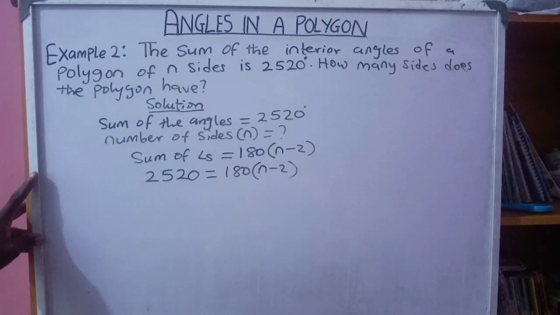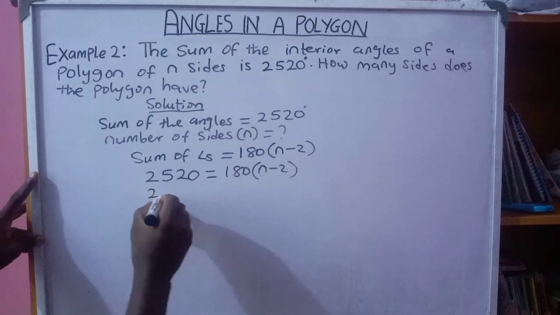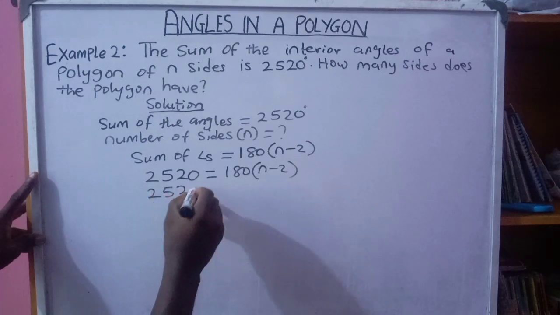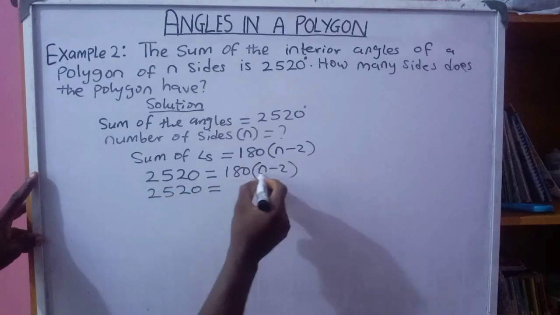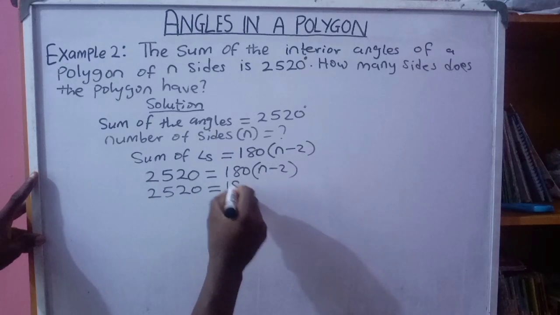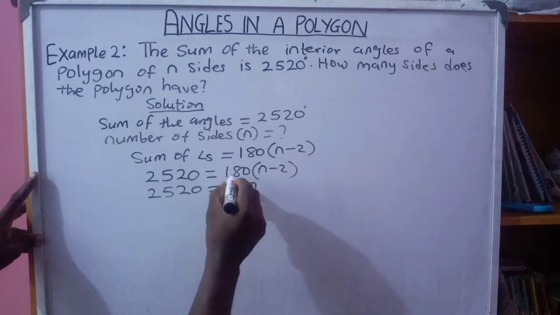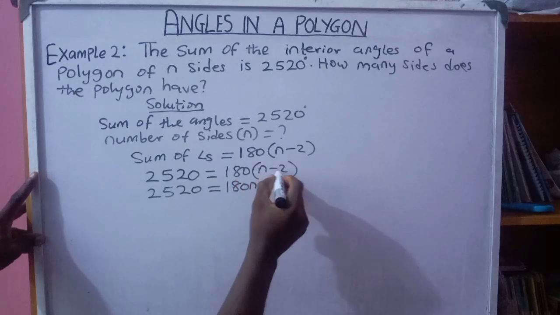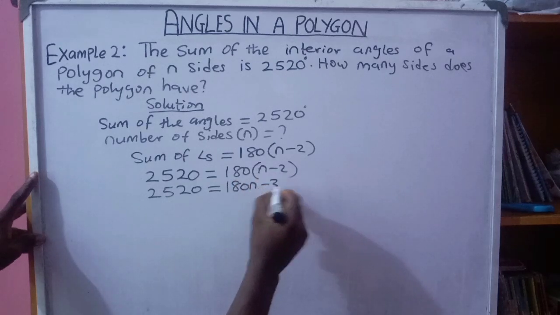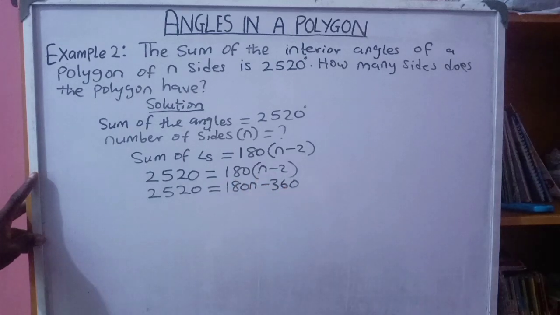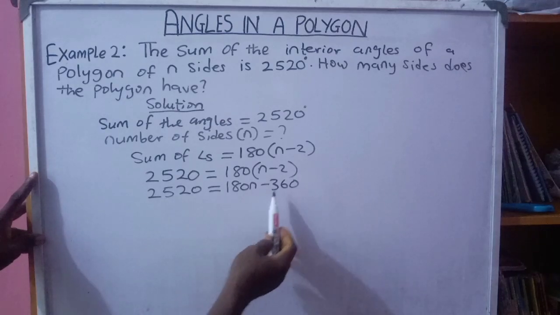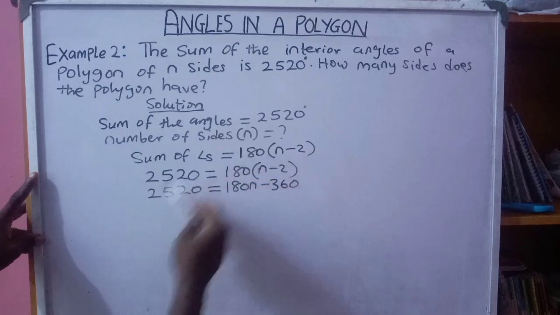So we have to open the bracket. That gives us 2,520 is equal to 180 times n, which gives us 180n. Then 180 multiplied by minus 2 gives us minus 360 degrees. Alright, so we have to collect like terms, meaning that the minus 360 will have to come over here.